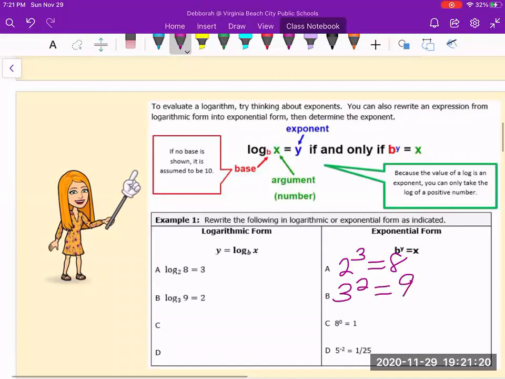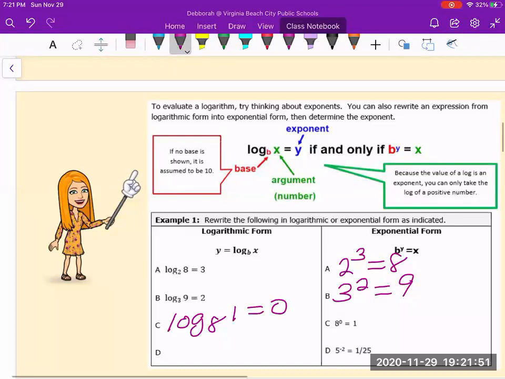Now let's go backwards. We have 8 to the 0 equals 1. Well, our base is 8. So we have log base 8 of the value 1 equals 0. And a good way to check that, 8 to the 0 equals 1. Next one, we have 5 to the negative 2 equals 1 over 25.